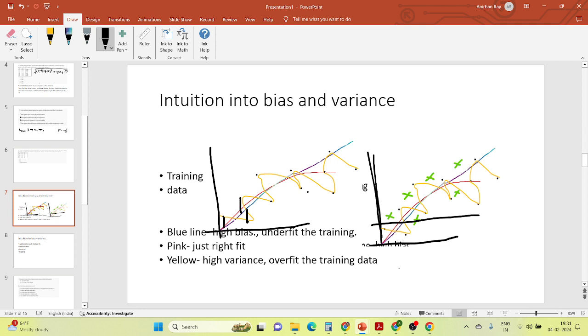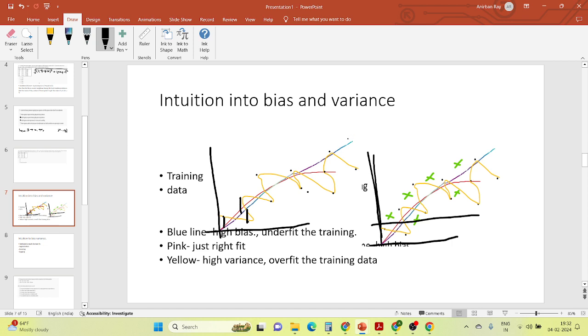Sir, so the yellow line has high bias as well, right? Not high bias. Here the blue line has the highest bias, red is in the middle, and yellow has the least bias. It is not like getting biased by the test points. No, no. Bias means being biased towards a straight line.